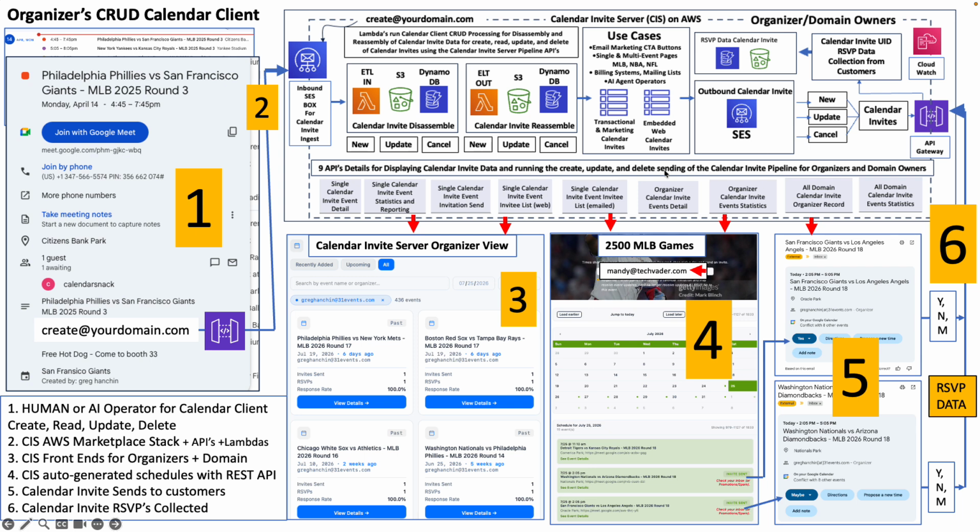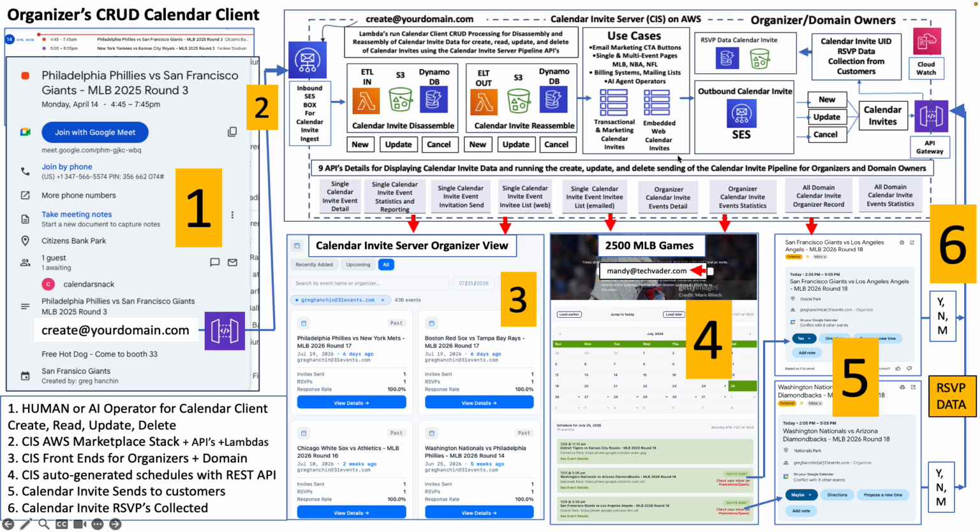And within the AWS account, you configure under AWS SES this domain, and this domain becomes the ingress for data into the pipeline itself. The data itself is disassembled and reassembled on the fly using the calendar invite server REST APIs.